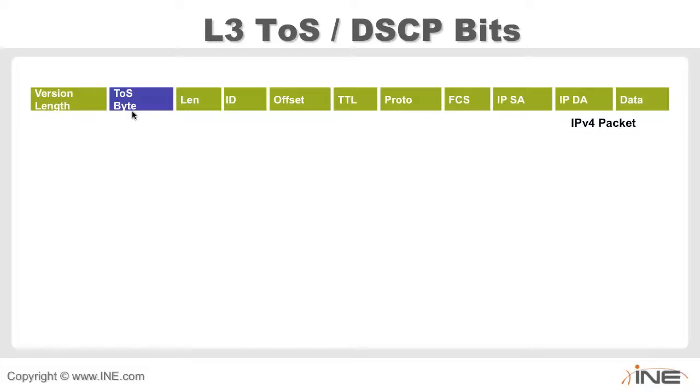And since then, and this is what we're going to spend the time looking at, we use 6 of those 8 bits of the 1 byte type of service field for DSCP classifications, or differentiated services code point, as I mentioned.